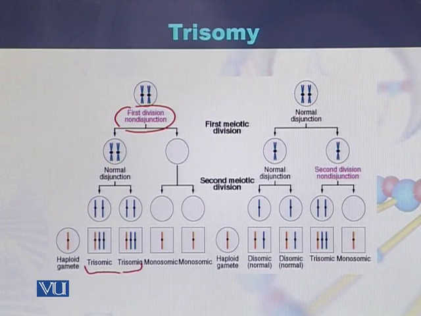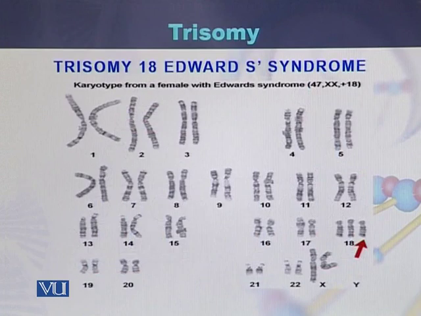Trisomic cells can also be produced if there is non-disjunction during the second phase of meiosis. Then some of the cells which will be produced will be trisomic in nature.